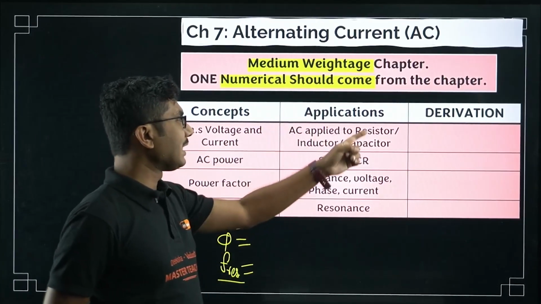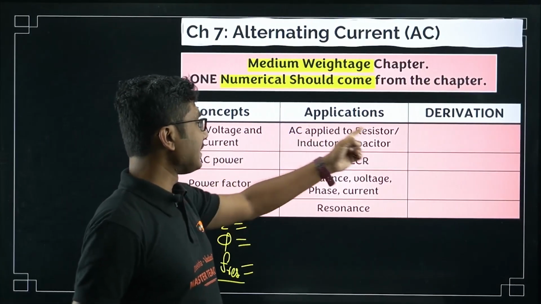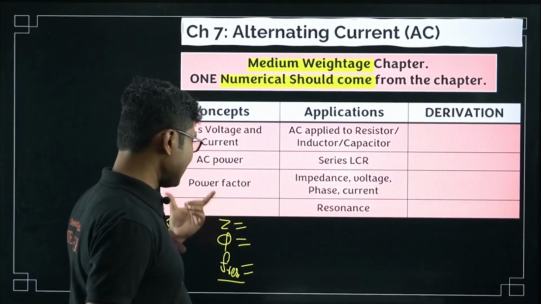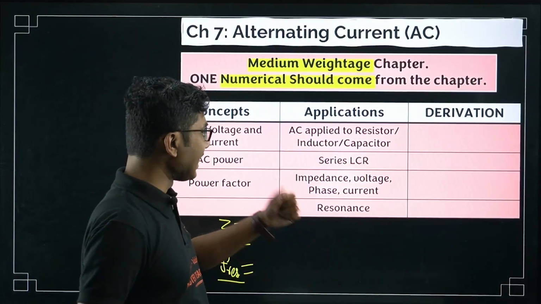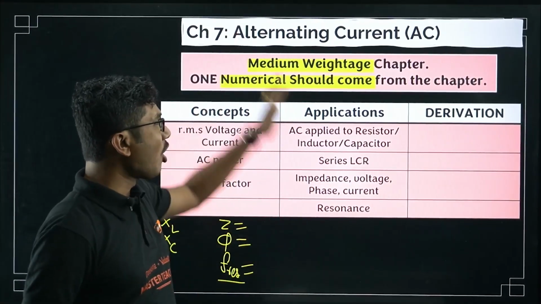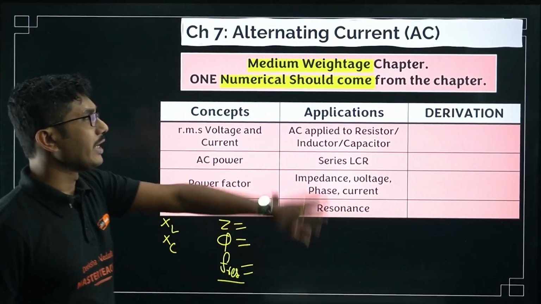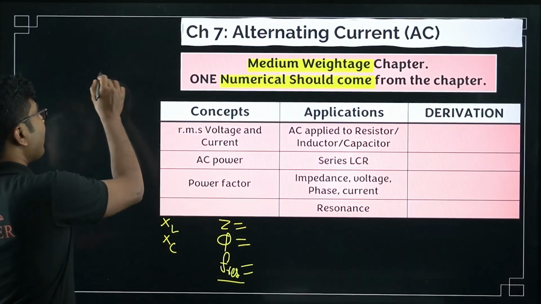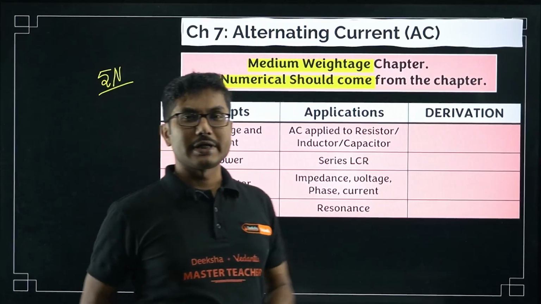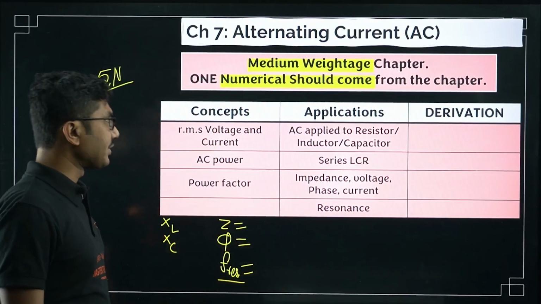Then we have applications: AC applied to a resistor, inductor and capacitor. These are all the formulas that I said. Series LCR, impedance, voltage, phase, current and resonance. These are all the important concepts from this chapter. No derivation comes from this chapter, but a 5-mark numerical will come. If you practice a few selective questions, you can answer them easily.